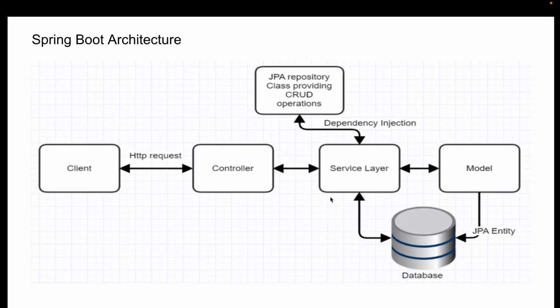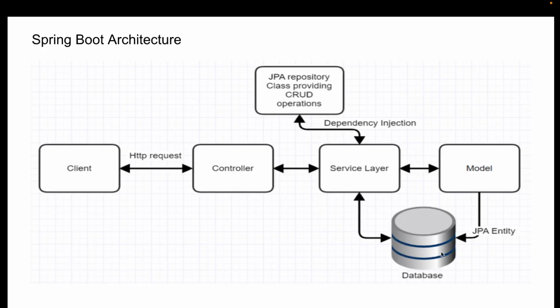Now this service layer is responsible for maintaining the entire business logic of the application. So let's say this has some methods, it does some processing, and this service layer now wants to retrieve this information from the data layer or the database. There is this database, you can see in this diagram, right?